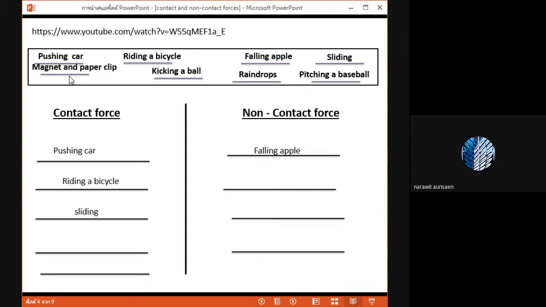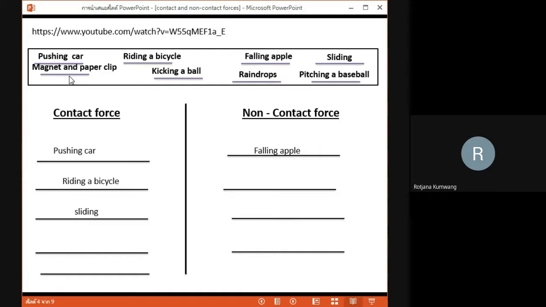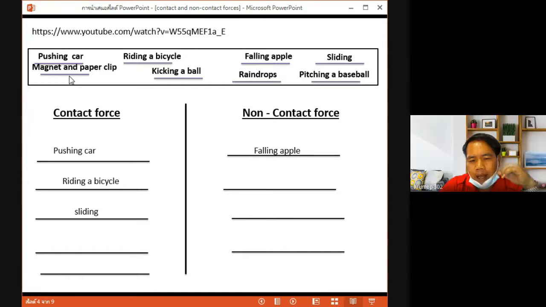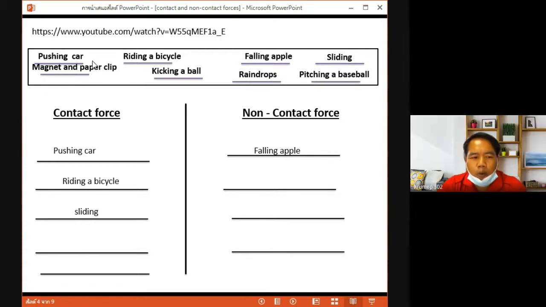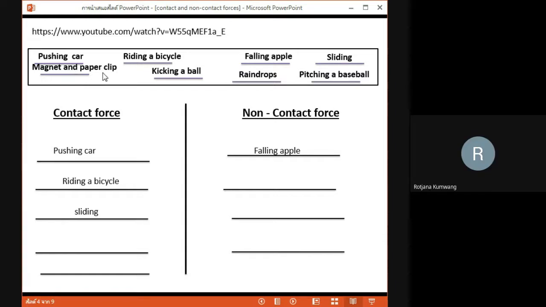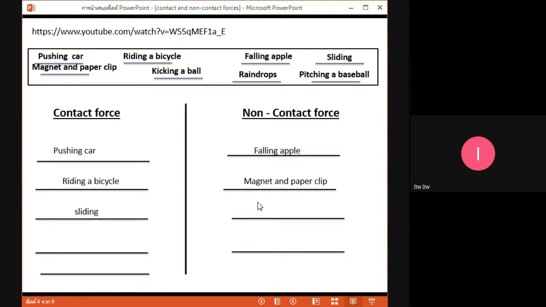Contact force. Contact force is wrong. No point for Gundam because your first answer is wrong. So it is an example of non-contact force.